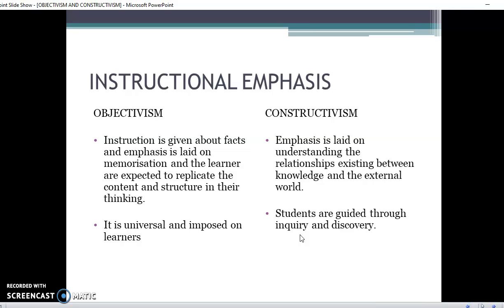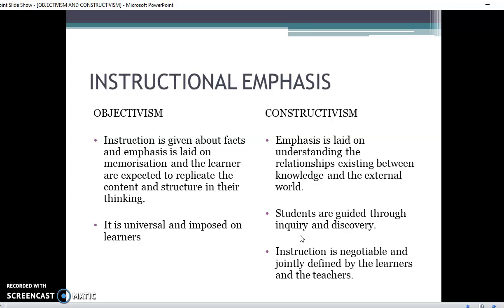Instead, they are given the freedom to learn on their own, and your job as a teacher is only to provide them the circumstances, or only to provide them with the examples or illustrations which could help them understand or make sense of what is presented to them. So this is how we can differentiate objectivism and constructivism on the basis of instructional emphasis.